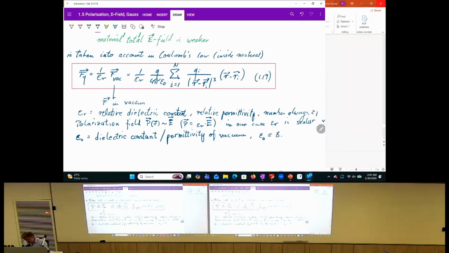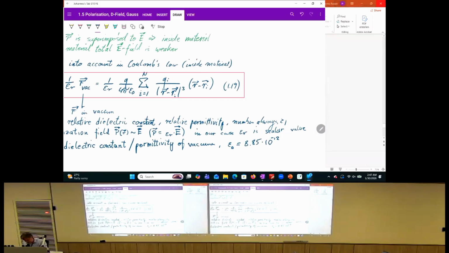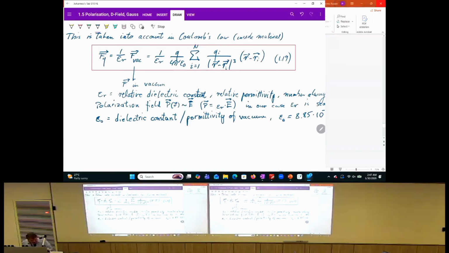It is 8.85 times 10 to the minus 12. You should remember that value, but of course also not forget the unit: ampere second per voltmeter.